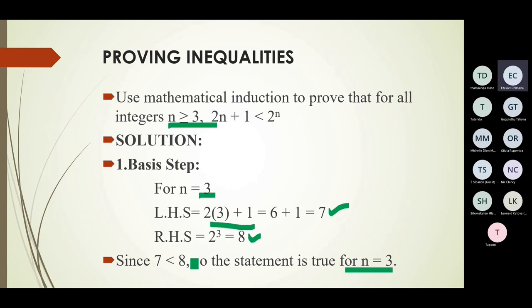So once we have proved that this statement is true for n equal to 3, we now move on to the inductive step, where you need to first give an assumption for P of k, and then you prove for P of k plus 1. So we assume that this statement is true for n equal to k.